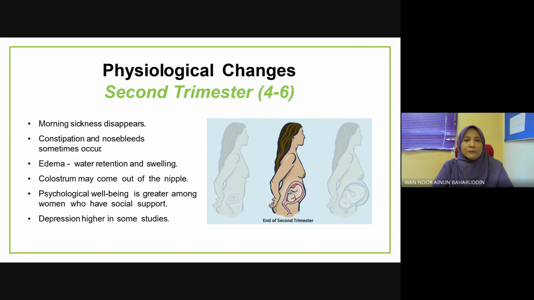Then we have the second trimester, from 4 to 6 months. During this time, the morning sickness already disappears for the majority. But constipation and nosebleeds can sometimes still occur. Then edema, where external parts like the legs become bigger in shape because of water retention and swelling of the feet.